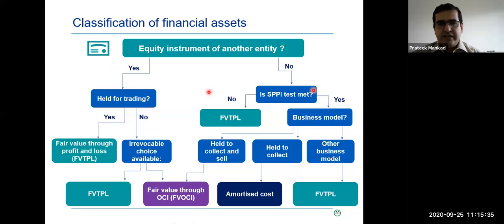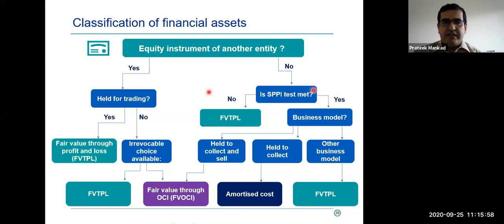No. In a lot of these schemes, there is no maturity. Second, do I get paid time value of money? The answer is no. I get paid based on how the underlying equity shares perform. In such a case, the sole payment of principal and interest is not met. That will have to be fair valued through P&L. No choice available here.